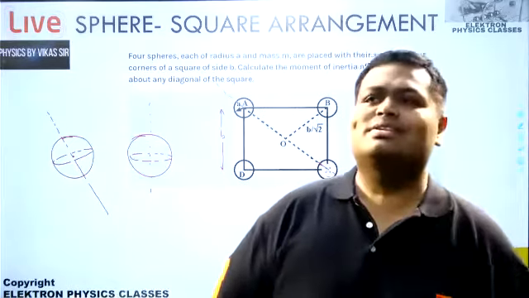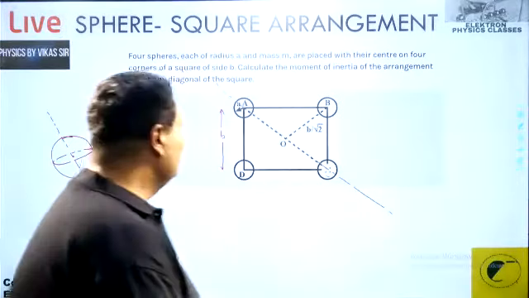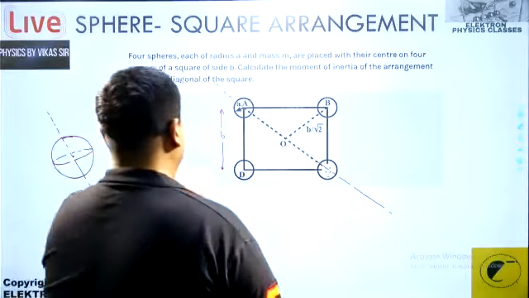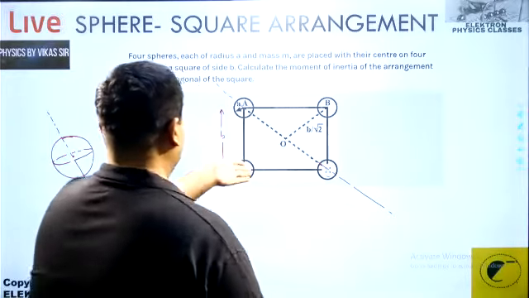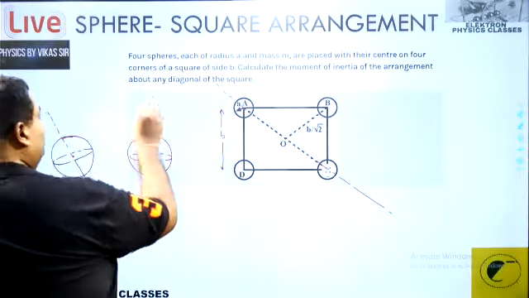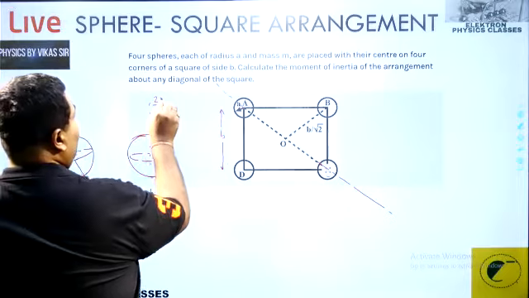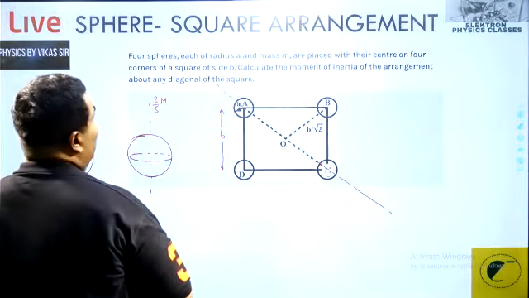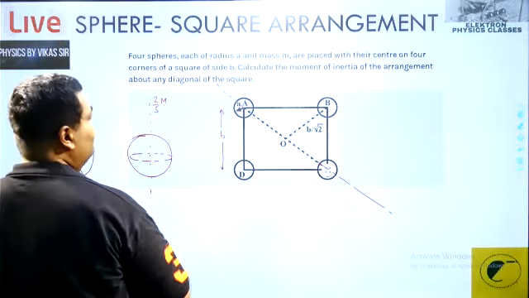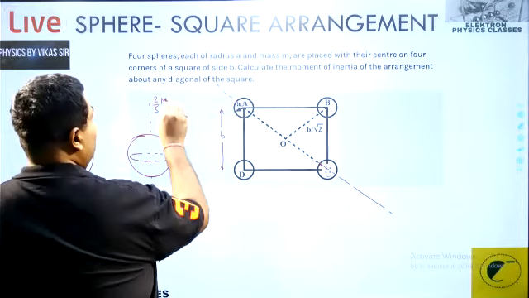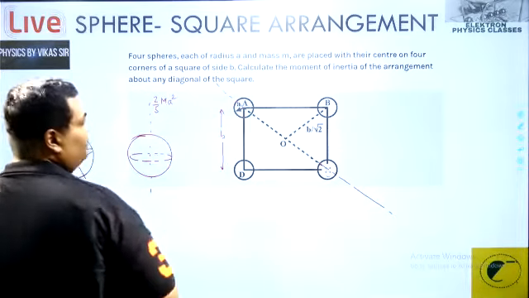So the moment of inertia stands at 2 by 5 mr square for any such axis. So this axis is also passing along the diameter of this particular sphere. So the moment of inertia is going to be 2 by 5 mr square. The mass is given as m, small m of course, and the radius is a, so 2 by 5 ma square.